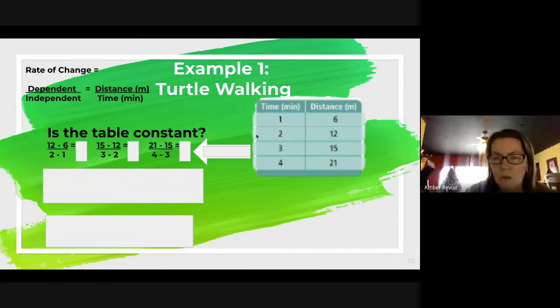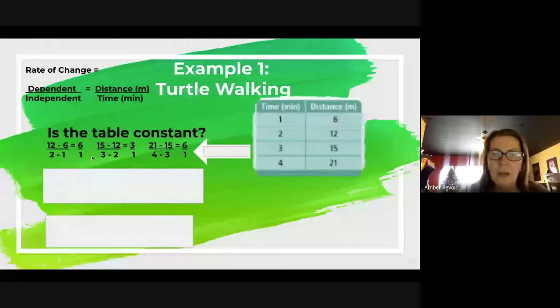This is our x2, our x1, so 2 minus 1. And when we do that, we get 6 over 1. Here, then, we're going to go down to the next set, and we're going to take 15 minus 12, and then 3 minus 2. And then we have this last one, 21 minus 15, and 4 minus 3.